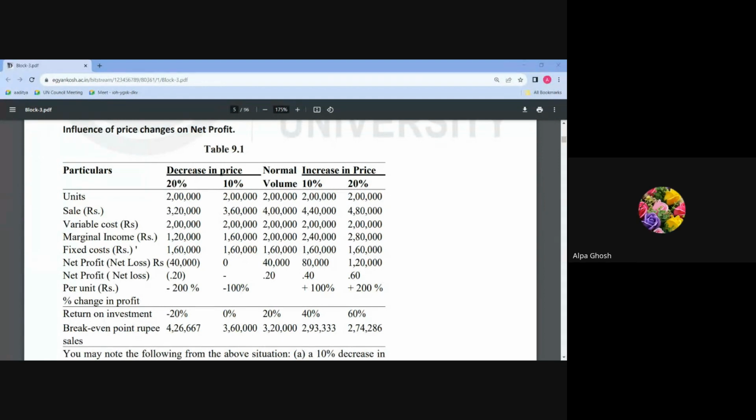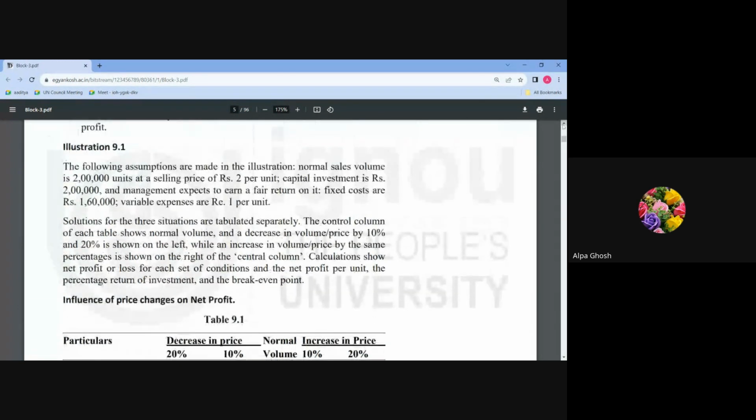It means that you have not read the question, not understood the question. Get back to the question. The question states that 2 lakh is the units sold and what is the price of each unit? The price of each unit is rupees 2.